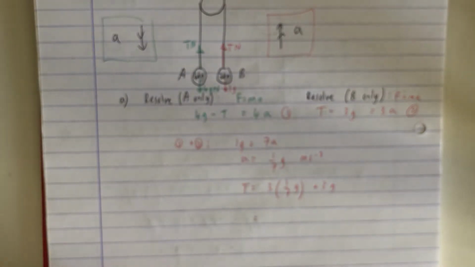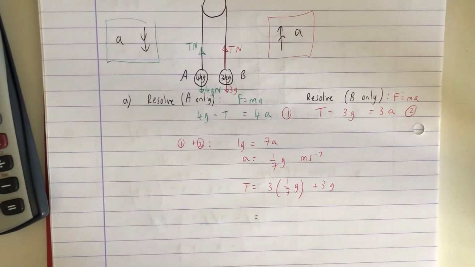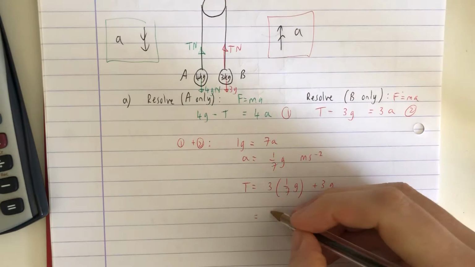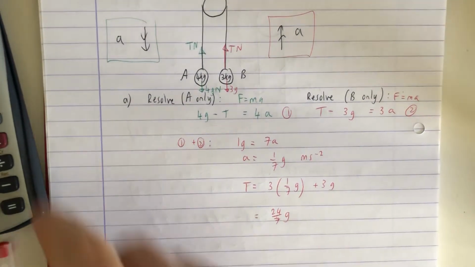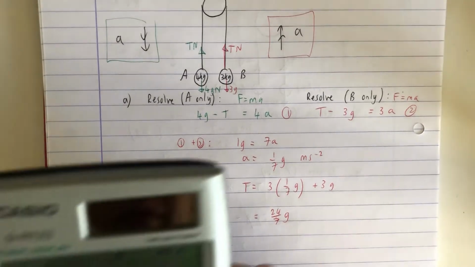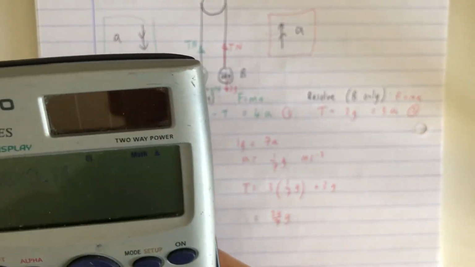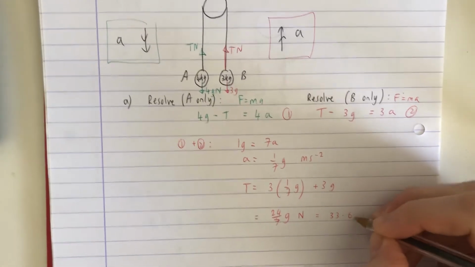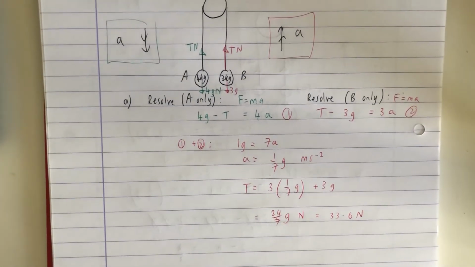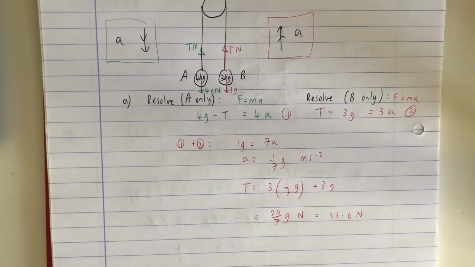So it's 24/7 g newtons, or if you prefer, times that by 9.8, 33.6. And that would be part A.